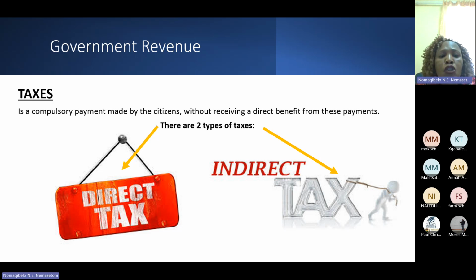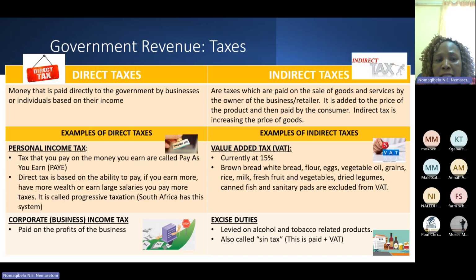We have two types of taxes: the direct tax and also the indirect tax. Now we are going to look at the difference between the direct tax and the indirect taxes.